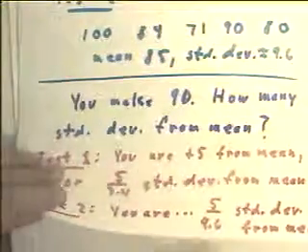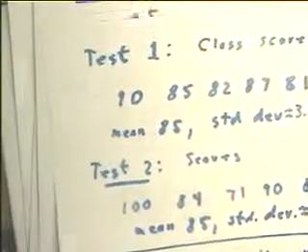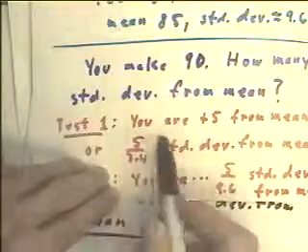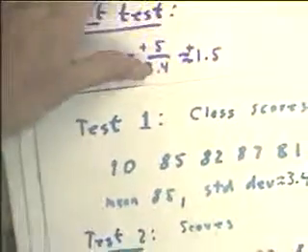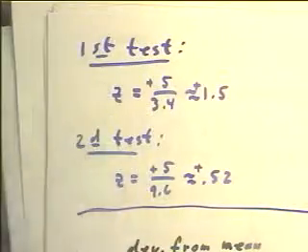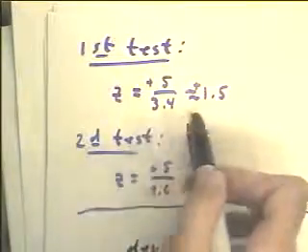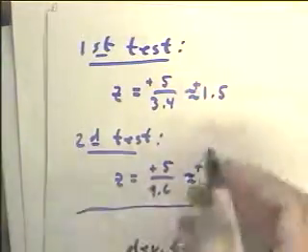So that simple ratio tells you how far you are from the mean. And of course, the 5 over 3.4 is more than the 5 over the 9.6. On the first test, then, we're going to say that your z-score is 5 over 3.4, or 1.5. Z is the number of standard deviations from the mean.